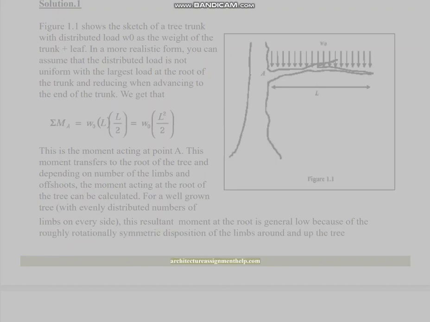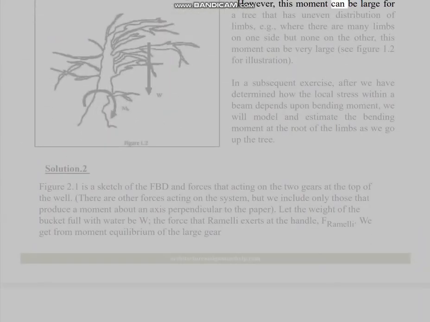However, this moment can be large for a tree that has uneven distribution of limbs, for example, where there are many limbs on one side but none on the other. This moment can be very large, see Figure 1.2 for illustration. In a subsequent exercise, after we have determined how the local stress within a beam depends upon bending moment, we will model and estimate the bending moment at the root of the limbs as we go up the tree.